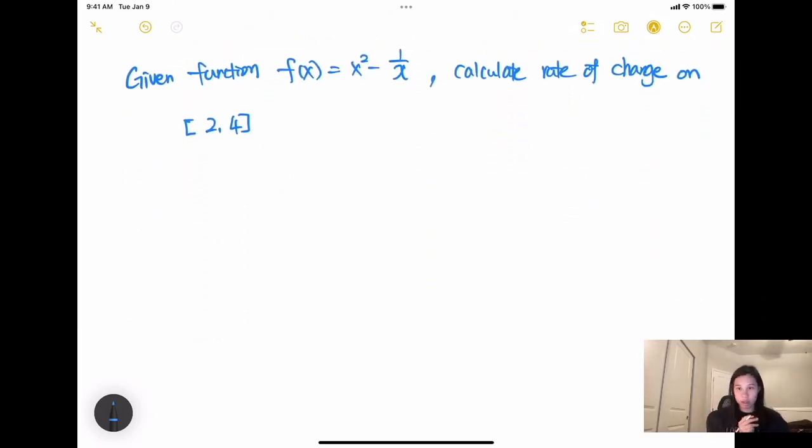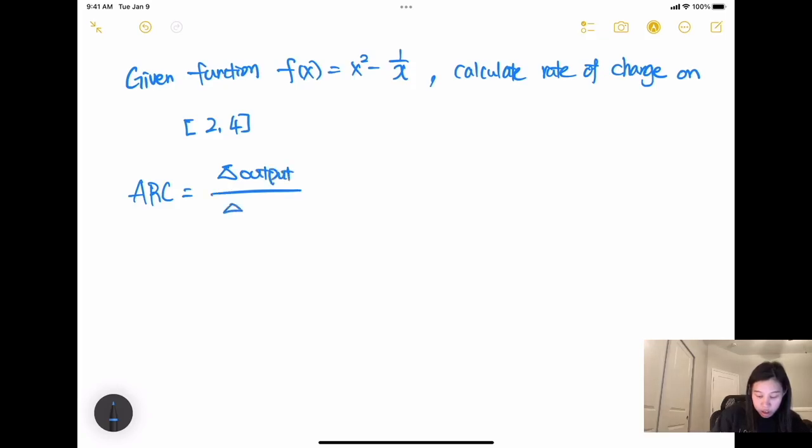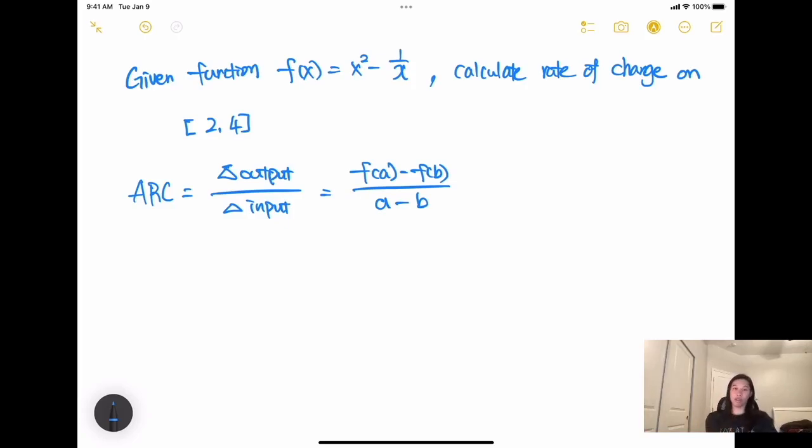So what's the definition of average rate of change? Average rate of change is the change in output over the change in input, right? By notation, we have f(a) minus f(b) over a minus b. It's just y1 minus y2 over x1 minus x2.